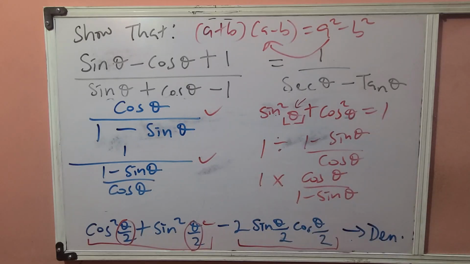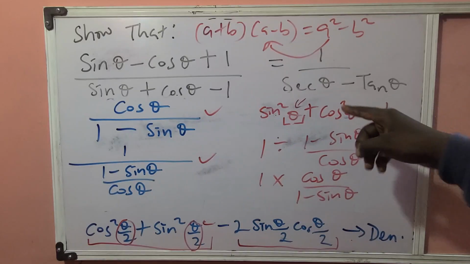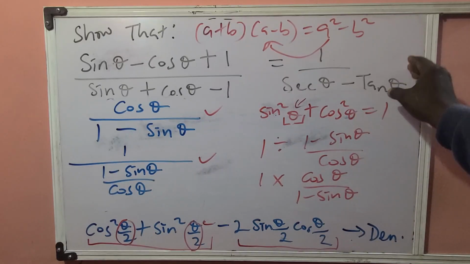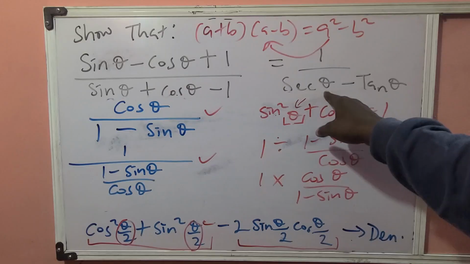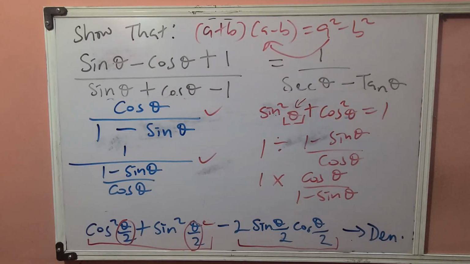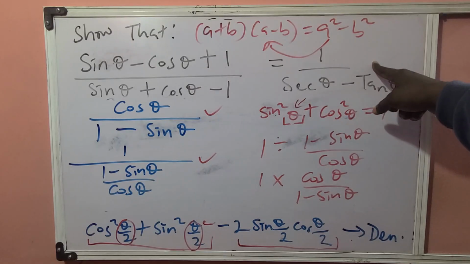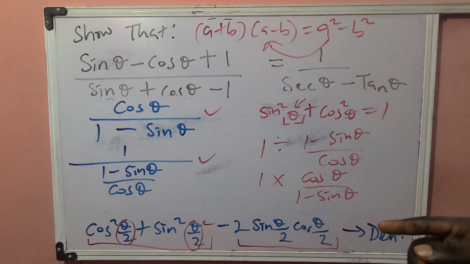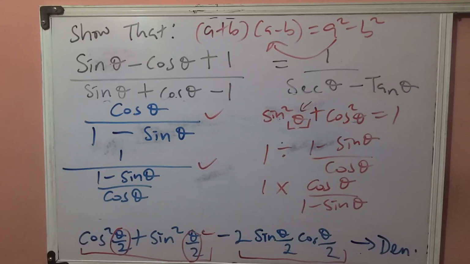I told you already that your direction determines how you go about things. I can see that I'm moving towards 1 over sec theta minus tan theta, so obviously I want to be seeing something that looks like this.